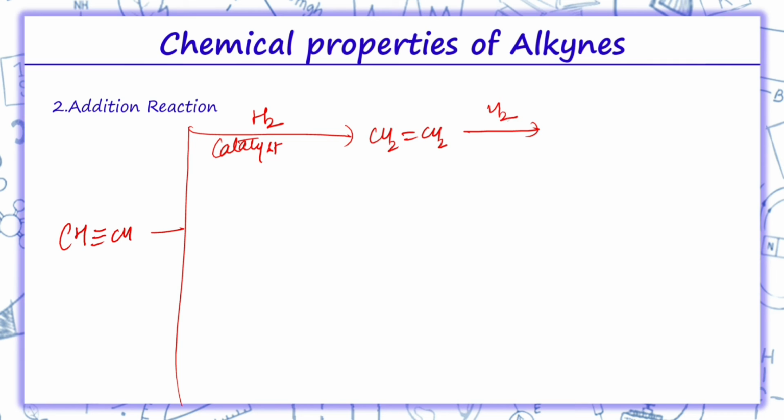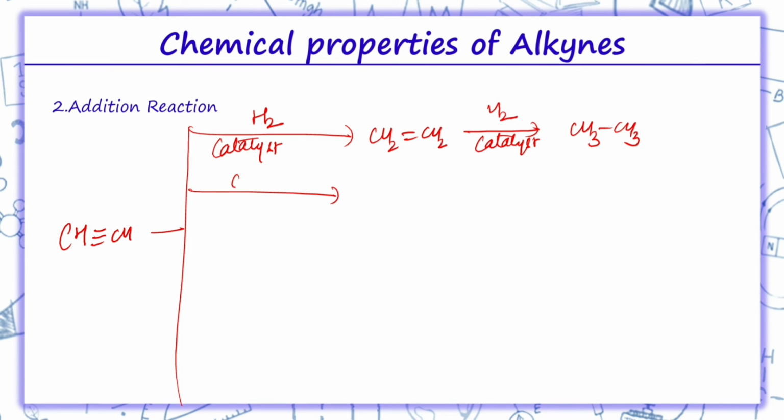On further adding hydrogen in the presence of a catalyst, we get alkanes. If we take Lindlar's catalyst, we get the cis isomer, and if we add hydrogen with sodium in liquid ammonia, we get the trans isomer of it.